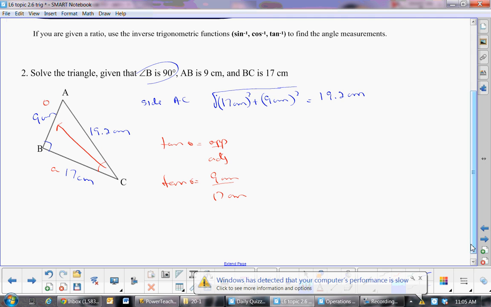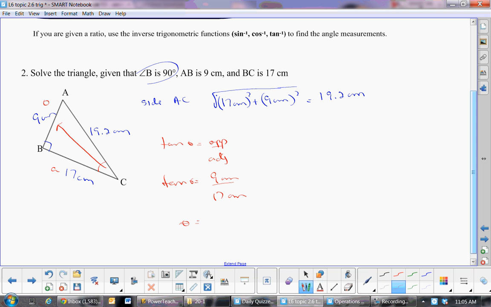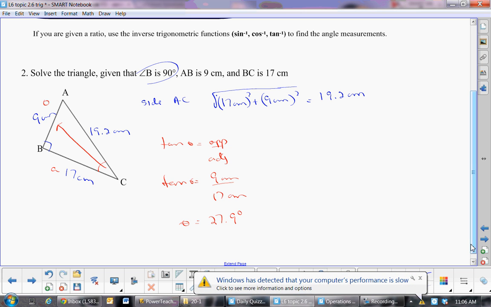And you're going to use second tan, right? Because you're finding an angle. And what's theta equal? 27.9 degrees. Now, how can you guarantee 19.2 is right? You've done your test. You could use 19.2 and maybe 17 and see if you get the same angle. If I was doing 17 and 19.2, what ratio would I pick? Cos, good, because that's adjacent over hypotenuse.